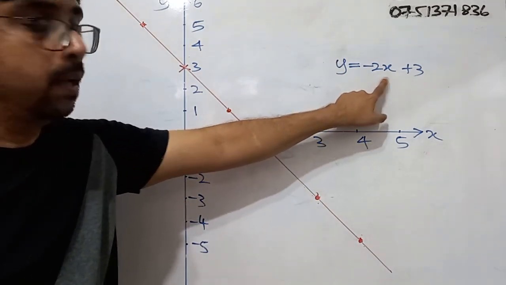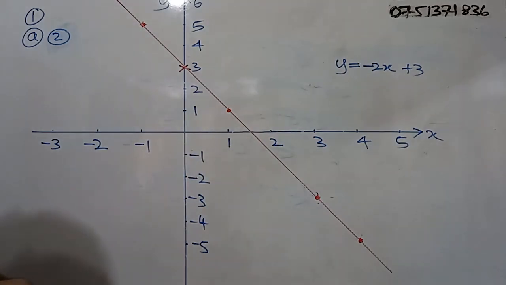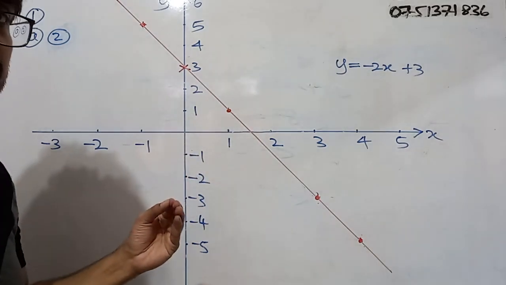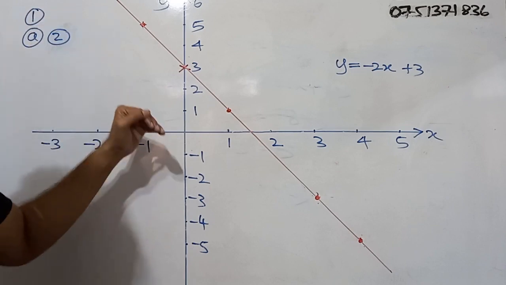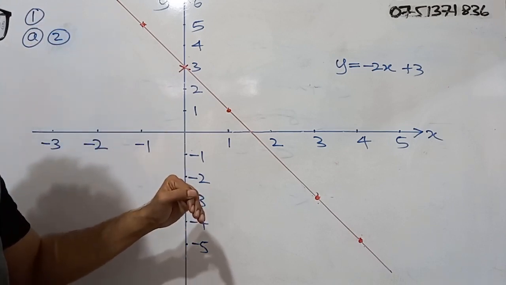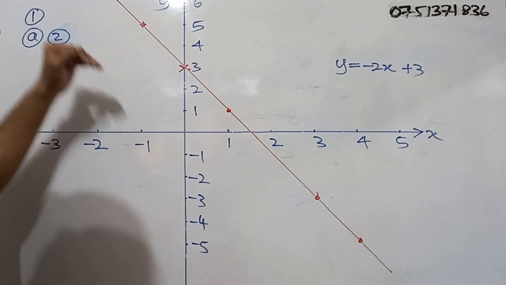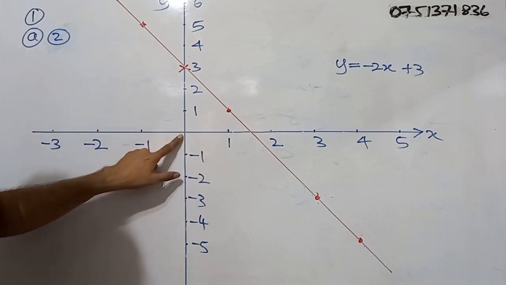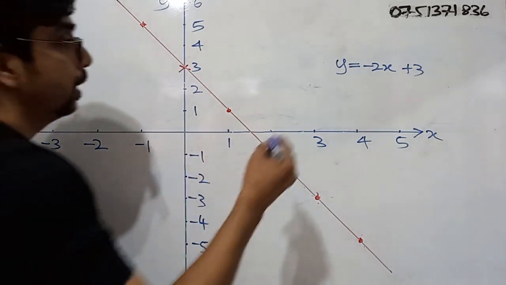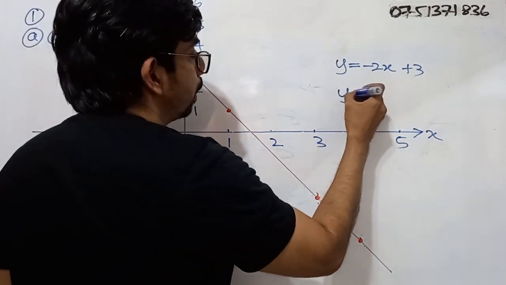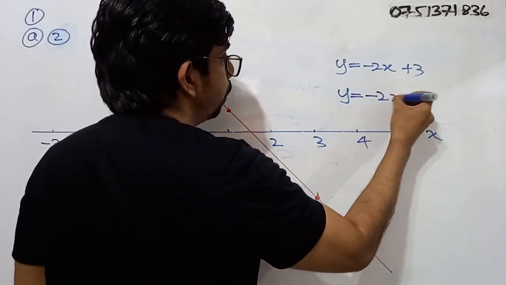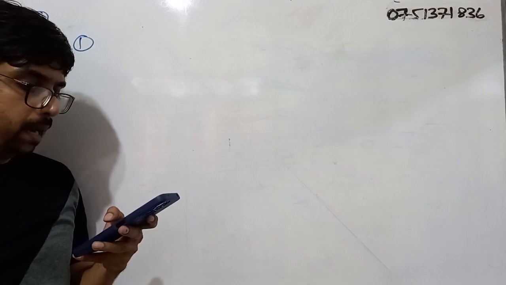Gradient must be the same. But in this question, there's another critical point. What is that? The line that we are drawing should pass through where? The origin. That means the equation of the line should be what? y equals negative 2x.